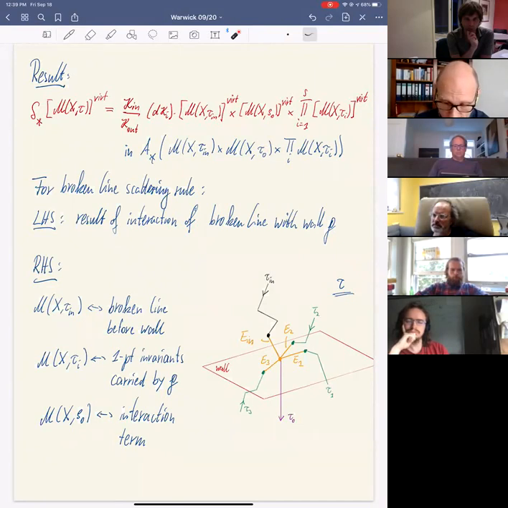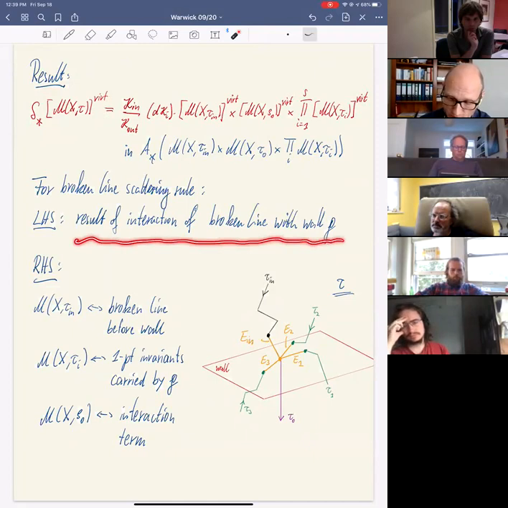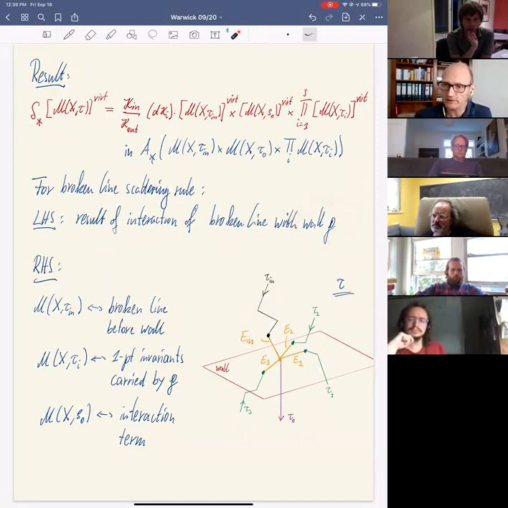And so then let's unravel what this means. What's the left-hand side? That contributes to your count, to your broken line interaction with the wall P, something where I didn't tell you the details. And the right-hand side, the m of x tau in, is the broken line before the wall.